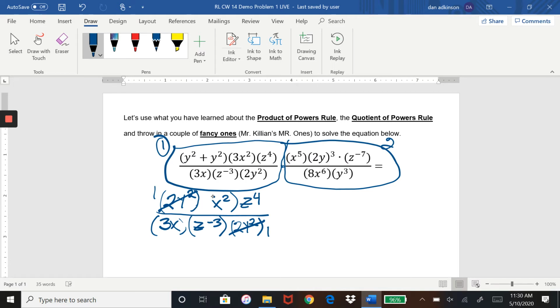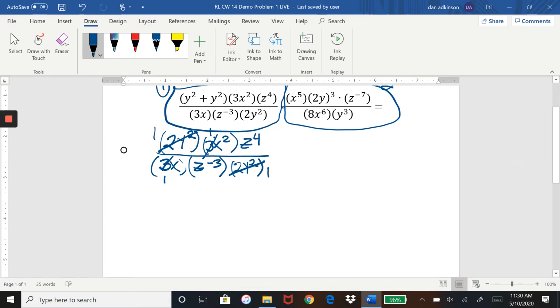There's a 3 in the top, and a 3 on the bottom. Cross that out and make that a 1. And we got another fancy one. So let's see what we have left here. We have x squared times z to the fourth, and that over one x down here, times z to the minus third.